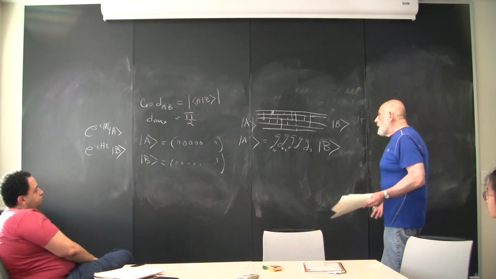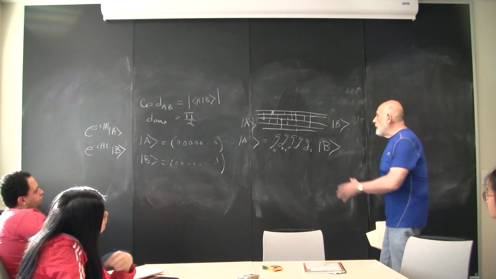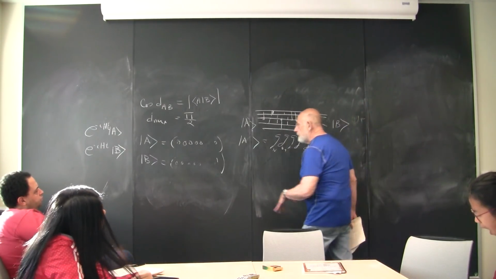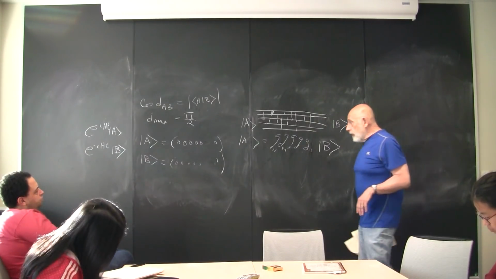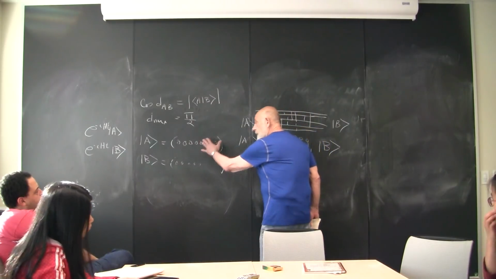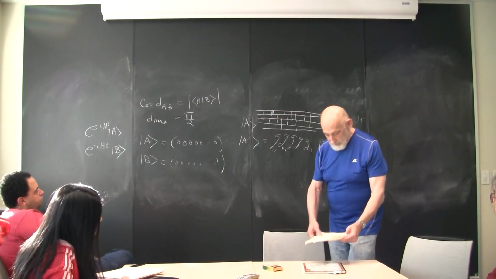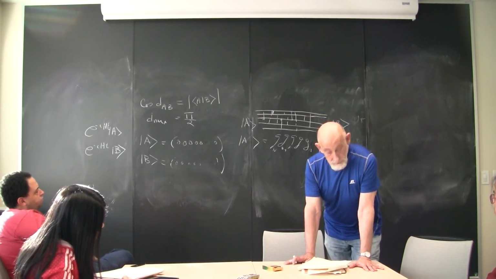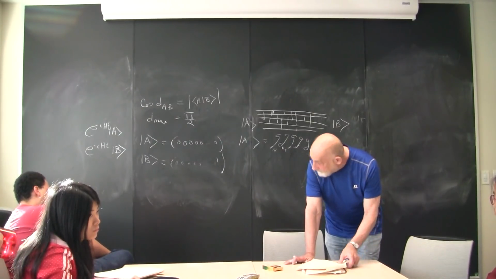So this complexity is a measure of a number of things. How easy is it to make a transition from one to another? How easy is it to measure the interference between two such states? And also how easy is it to create a superposition of the two states? That's a little bit different, but it is also a measure of that. So it is a measure, in that sense, of the distinction between states.